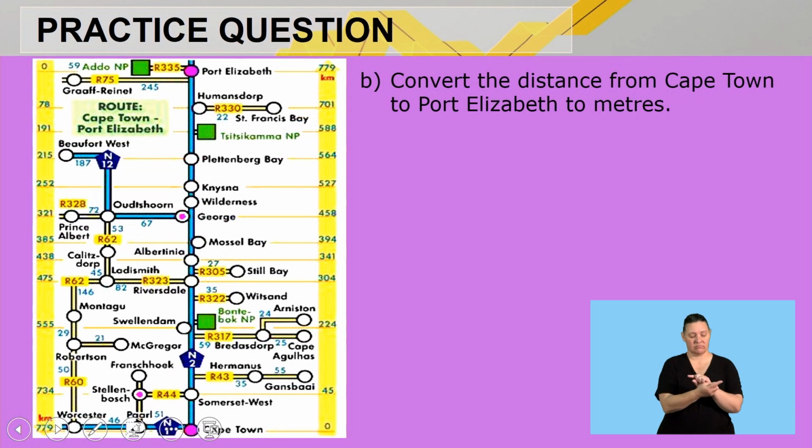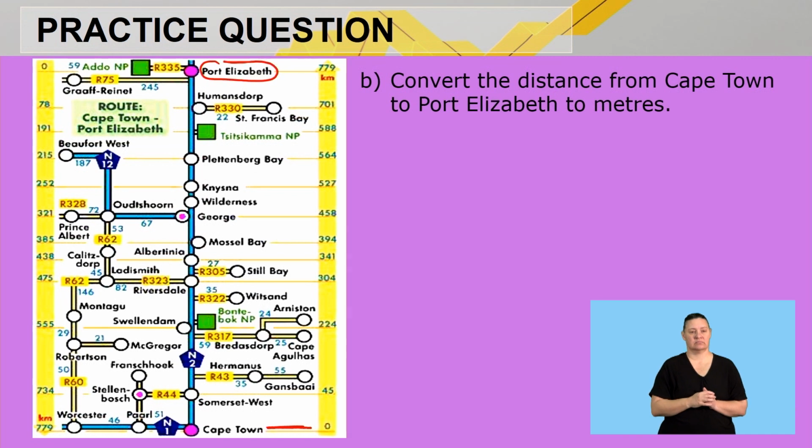Convert the distance from Cape Town to Port Elizabeth in meters. Now let us go to our map. We are going to look for these 2 locations, Cape Town and Port Elizabeth. Cape Town is down there on our map, and Port Elizabeth is up there.